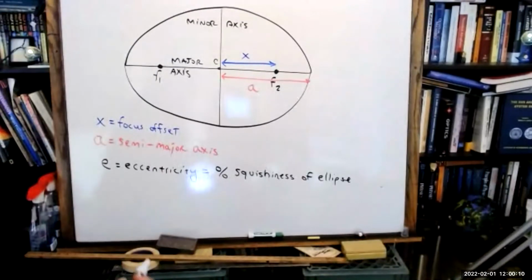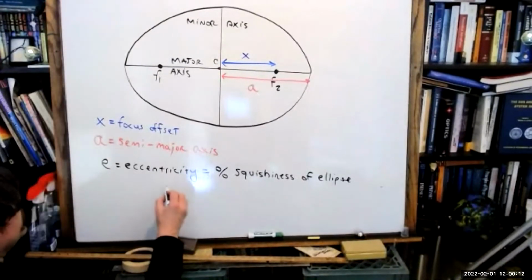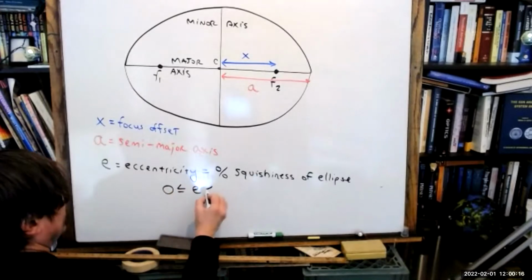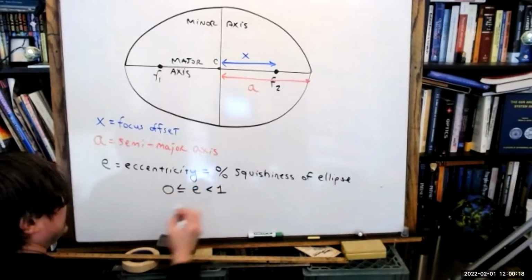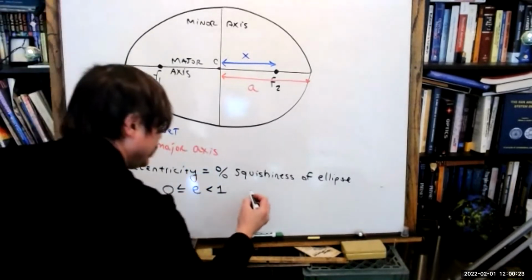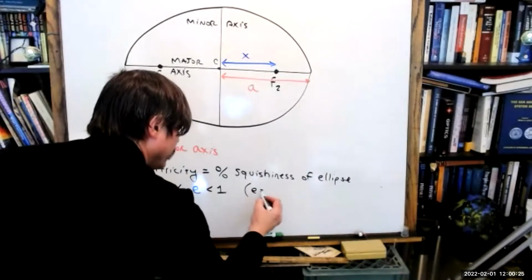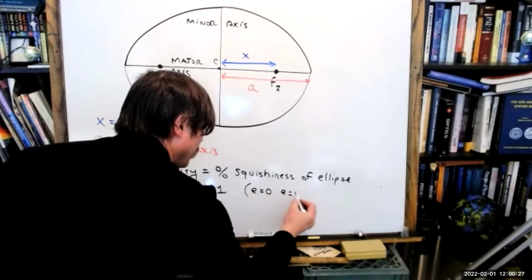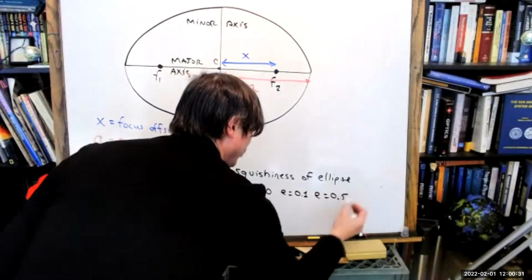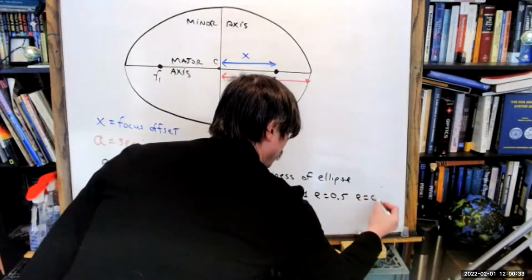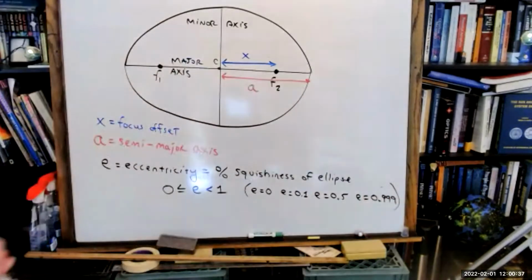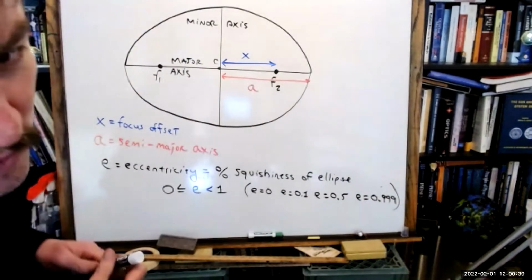E has a domain which goes from 0 all the way up to, but not including, the number 1. So the eccentricity, for example, can be 0, 0.1, 0.5, 0.999 forever, but it's not allowed to be the number 1.